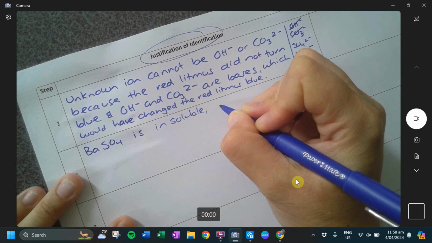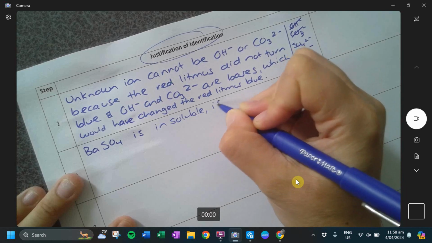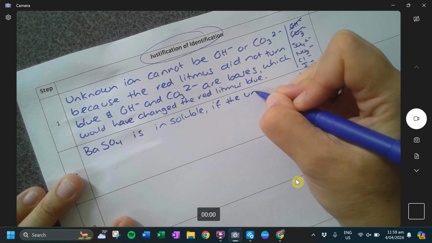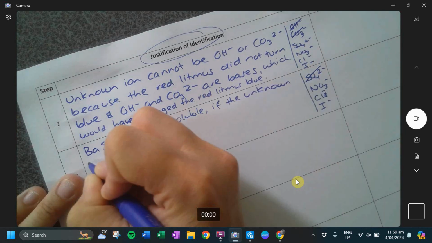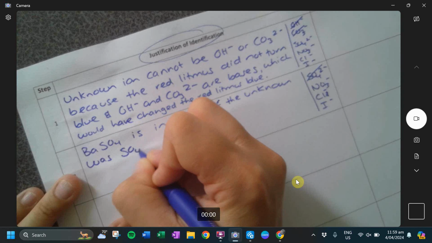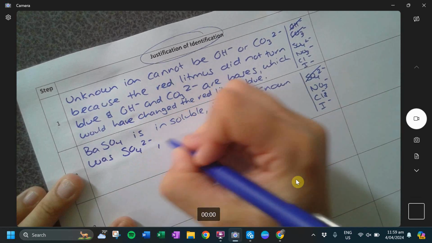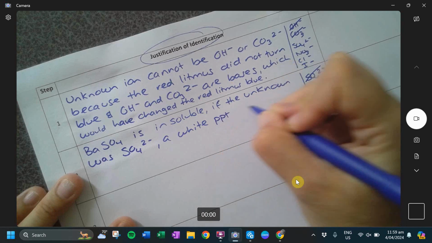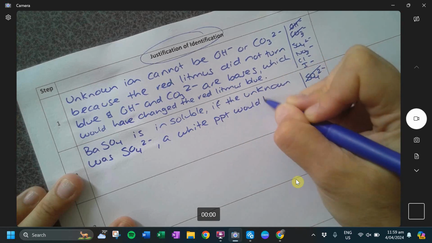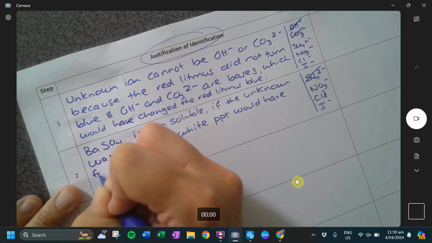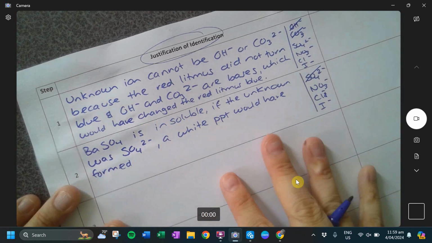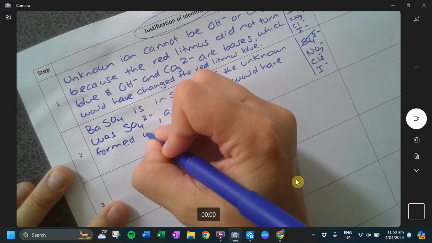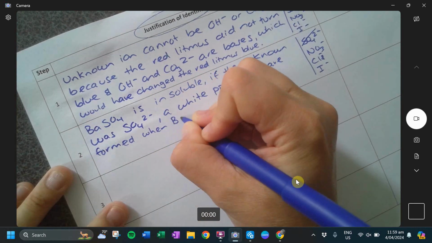So barium sulfate is insoluble. If the unknown was sulfate, a white precipitate would have formed when barium nitrate was added.